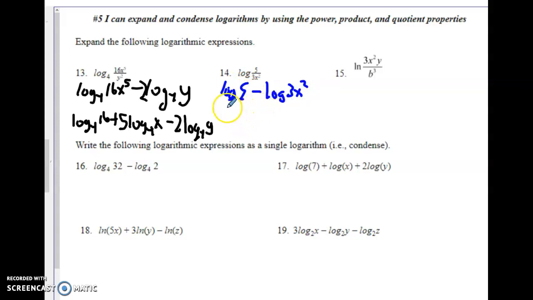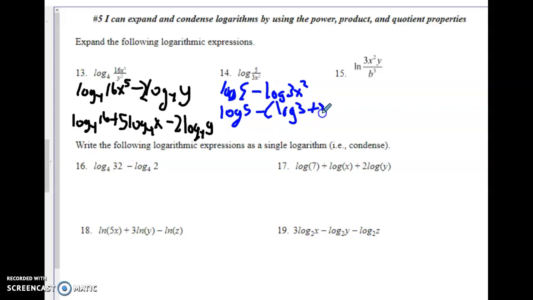I can't expand it anymore. So I'm just going to bring it along. So I have log of 5. But then this 3x squared, I have minus, and I'm going to put it in parentheses because the whole thing is being divided on the bottom.